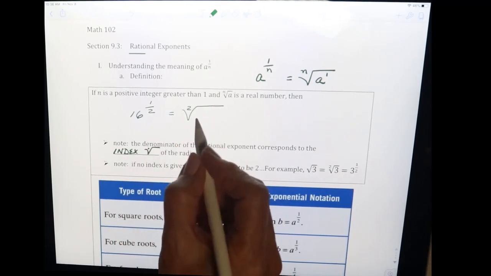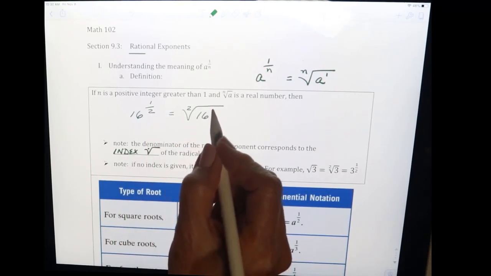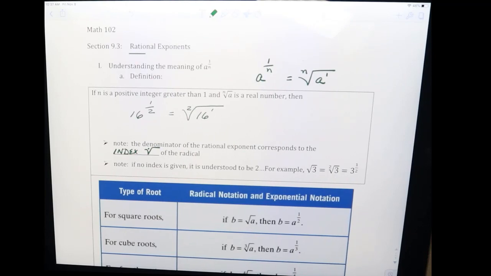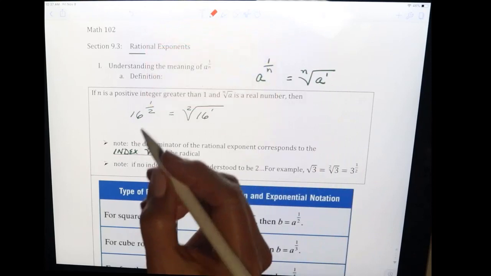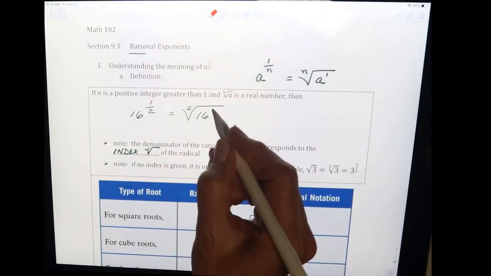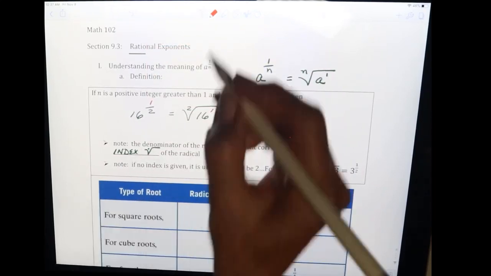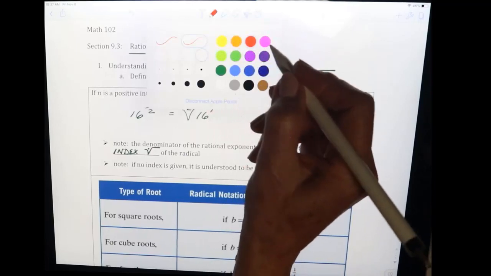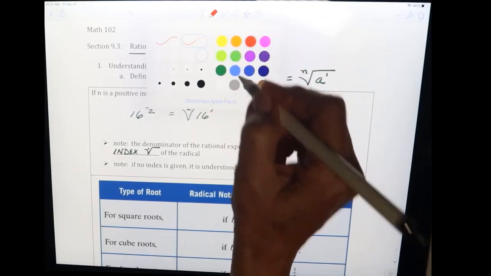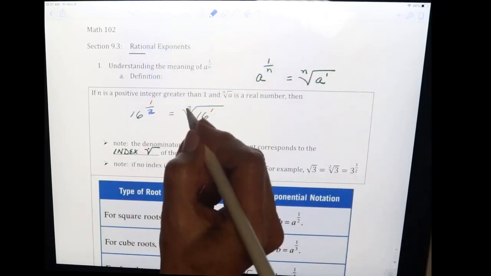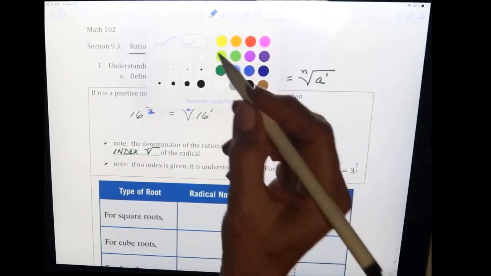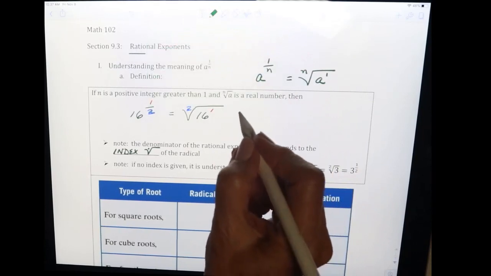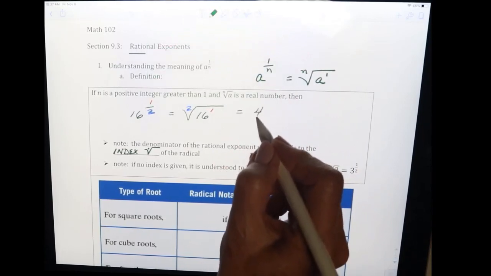We write the radical, and this 16 then is the radicand with an exponent of 1. So I hope that you can see the numerator is this power, and the denominator becomes the index number. So that's all we're going to be talking about here, is how do you use these symbols. And of course the square root of 16 is 4.